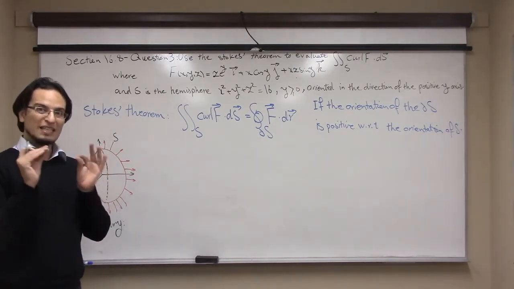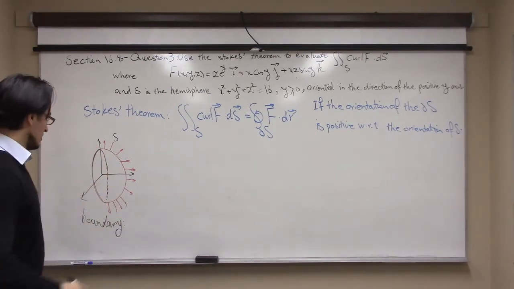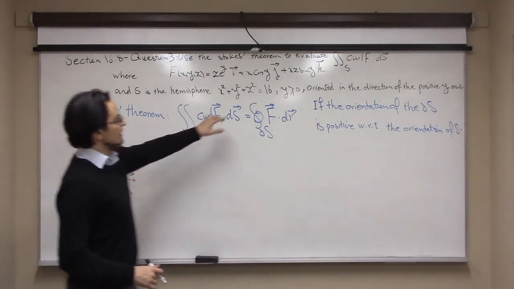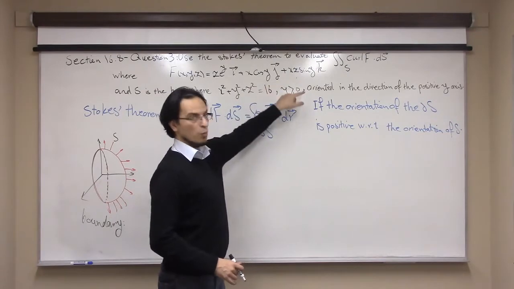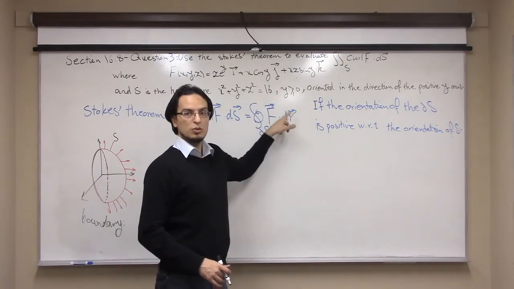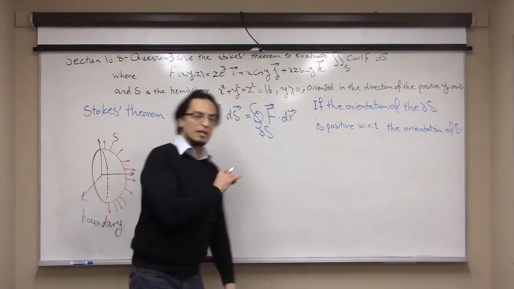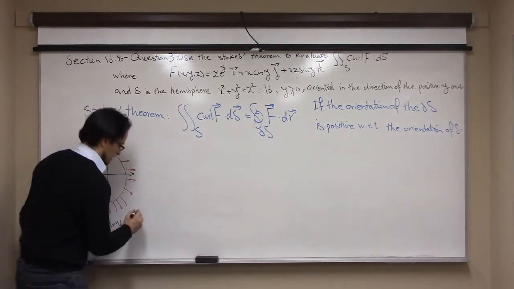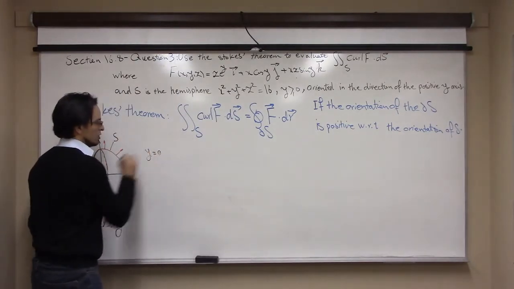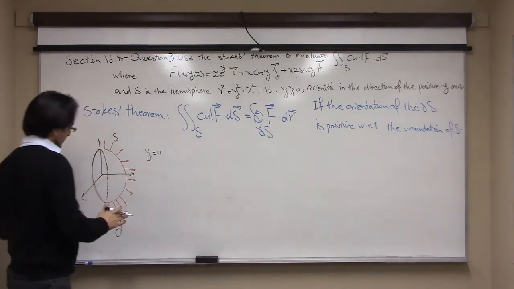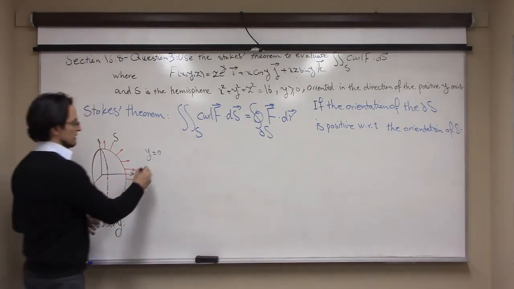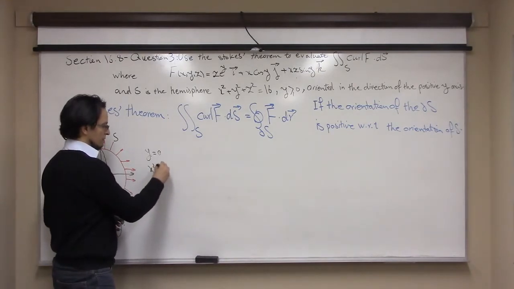But what is the description of those points? You can get that description by this fact. This is a sphere, and you are just taking y bigger than or equal to 0. At y equal to 0, the boundary happens. So if you set y equal to 0 in this equation, that's the boundary.